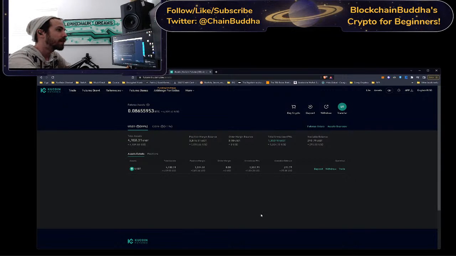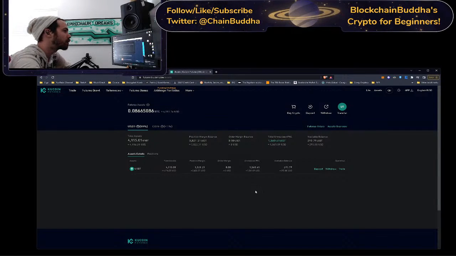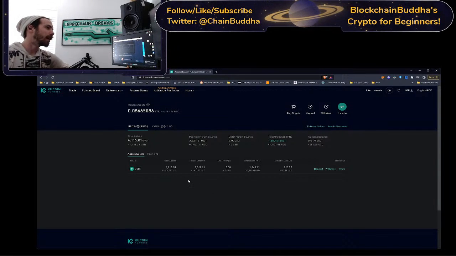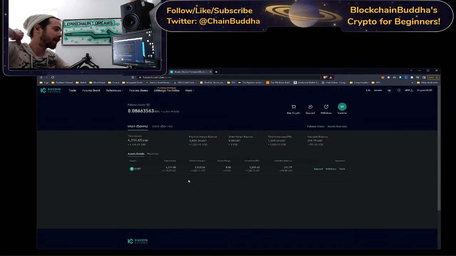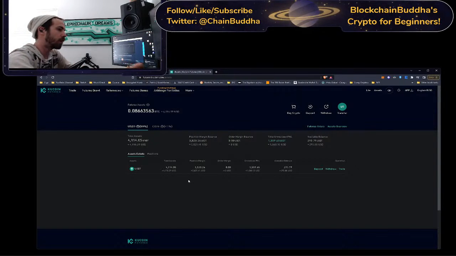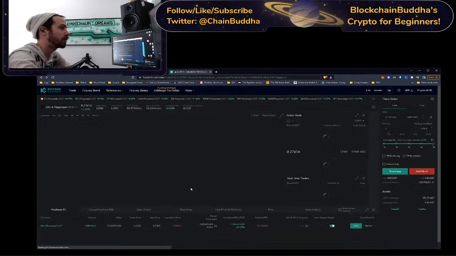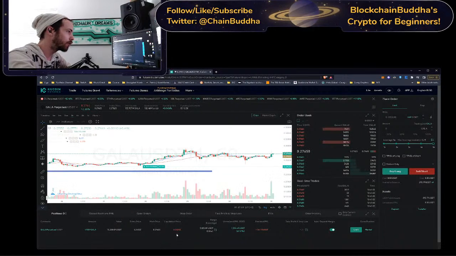You can see here that I still have an available balance of about $300, and usually I have a little bit higher, but I've invested more of my available balance into Gala as Gala went up in price, because I believe we're on an official bull run, and I believe Gala will keep going up in price in the near future. I don't see it going back down anywhere near 20 cents.